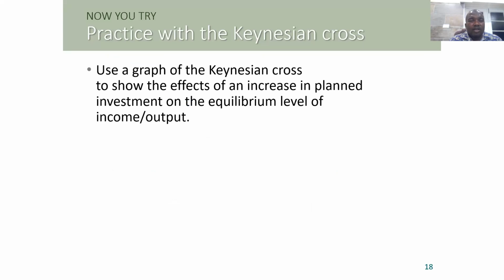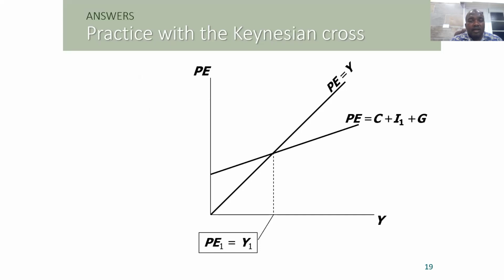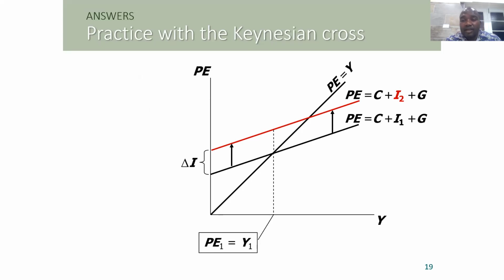So you can use a graph of the Keynesian cross to show the effects of an increase in planned investment on the equilibrium level of national income or output. When you increase investment, basically the impact is just the same as we experimented for government expenditure, because investment spending is an autonomous kind of expenditure.